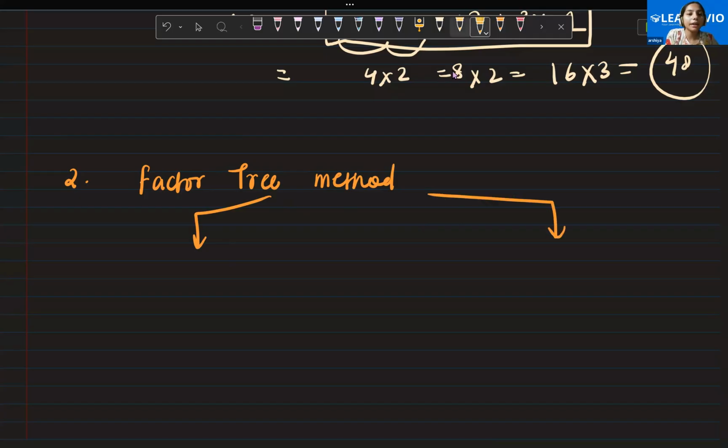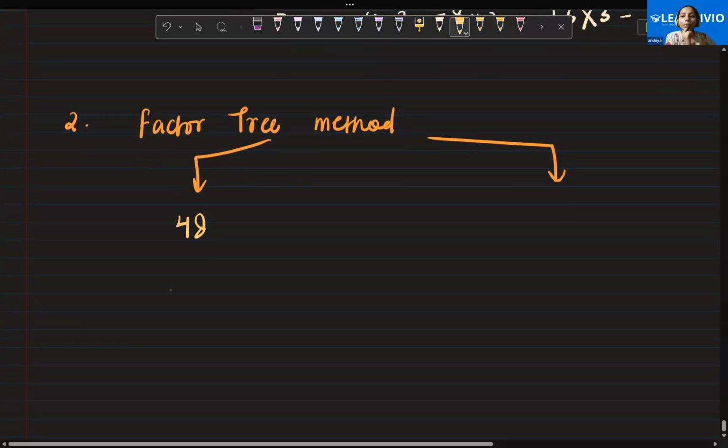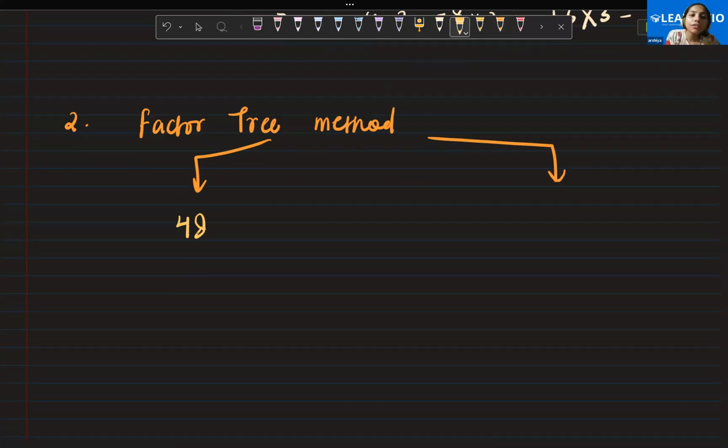Again, I'll start by writing 48, right? And you do remember how to find out the factors, right? So we will pick out any one of the factors of 48, a factor pair basically. What is a factor pair? Wait, should I continue or do you need a minute? Yes.